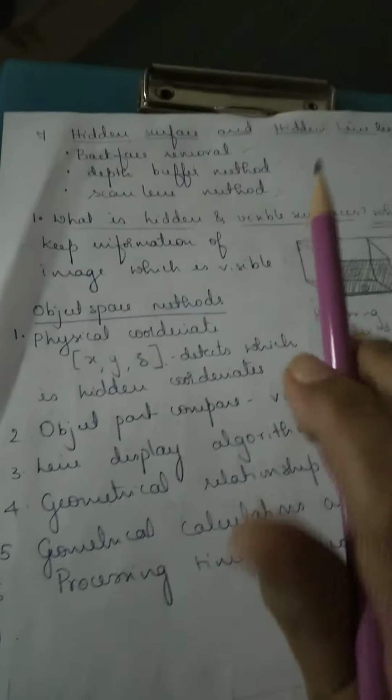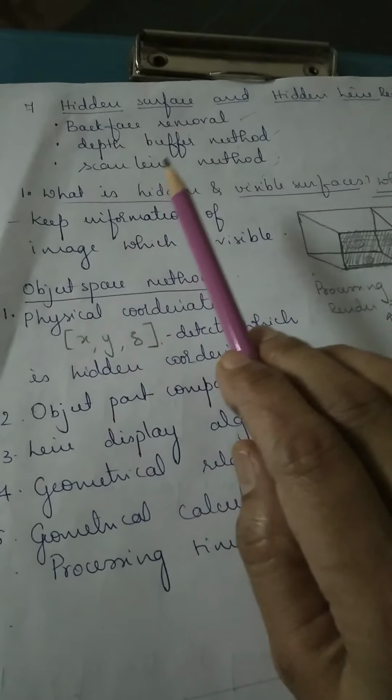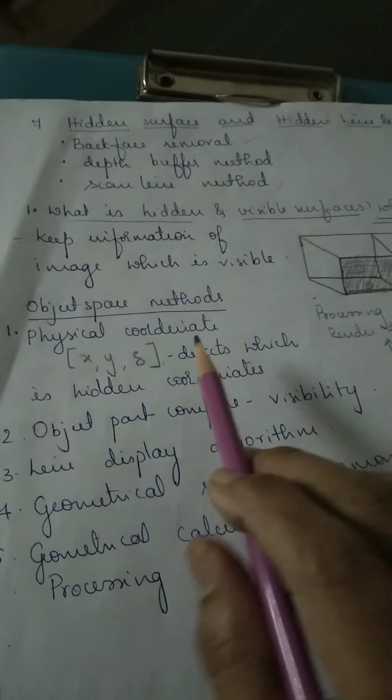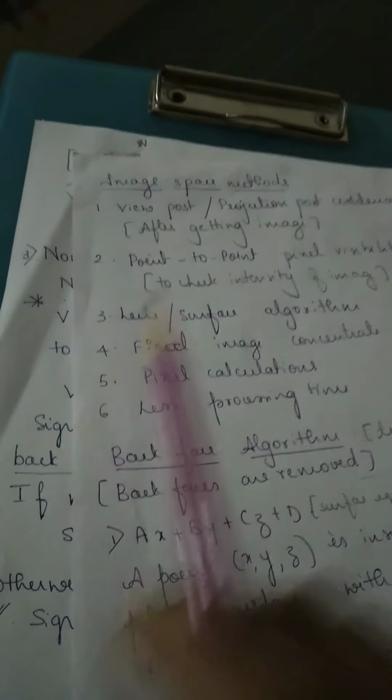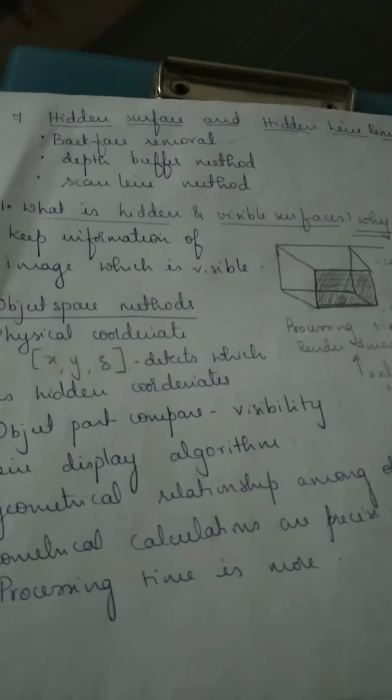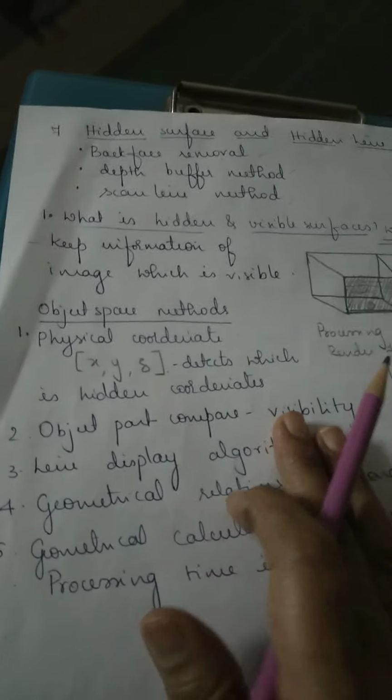Now there are two approaches under hidden surface methods, that is the object space method and the image space method.